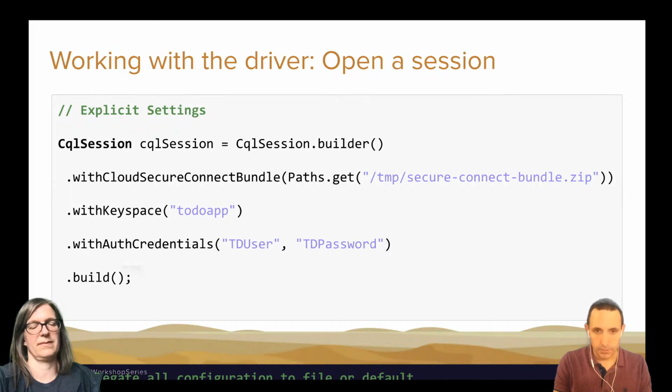So with the Fluent API, you simply say withCloudSecureBundle, the zip you would have downloaded from Astra, withKeyspace, the name of the keyspace you just created, and user and password, TD user or KV user, depending on what you used when you created the Astra instance.